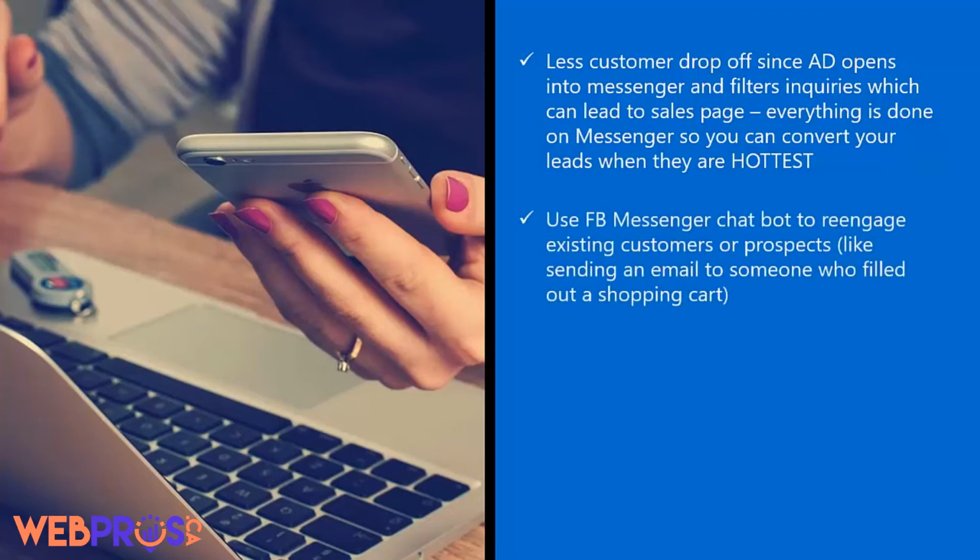Use an FB Messenger chatbot to re-engage existing customers or prospects, like sending an email to someone who abandoned a shopping cart. More direct. Inbound. Event-specific. All these factors add to increased value and qualification of prospects and increase the chances of conversion tremendously. All these factors also increase chances of building brand equity quite a bit.